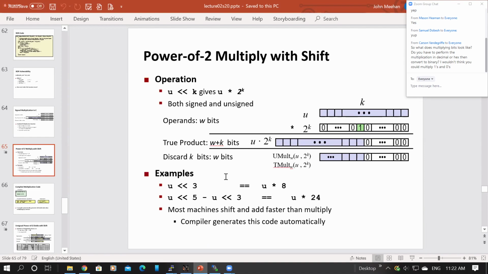Integer multiplication and division take many, like 4 clock cycles or something. You can do a shift operation in 1 clock cycle. So we're always looking in the computing world for how to make things faster. And so if we can get the effect of multiplying by a power of 2 by a 1 clock cycle shift instruction, we might prefer that over actually running the stuff through the circuitry that does the actual multiply instruction.